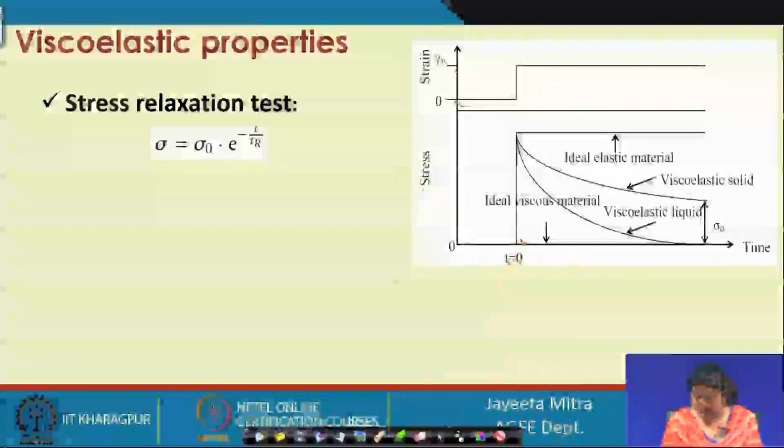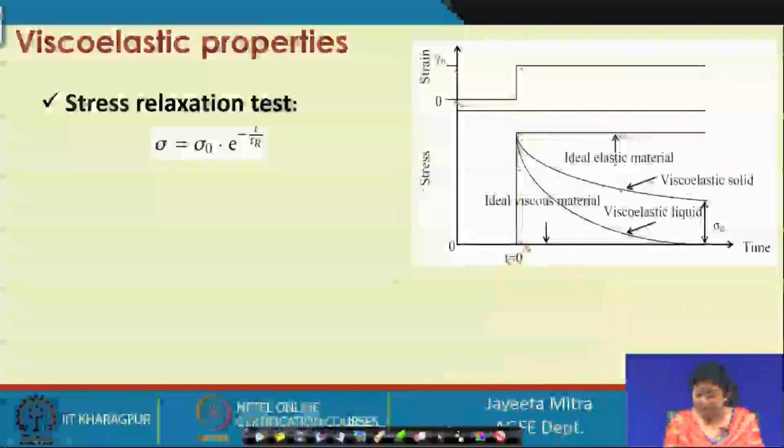An ideal elastic material will require a constant stress to maintain the strain, because in a pure or ideal elastic material, stress is proportional to strain. So, the stress will be constant as long as the strain is maintained at gamma 0.